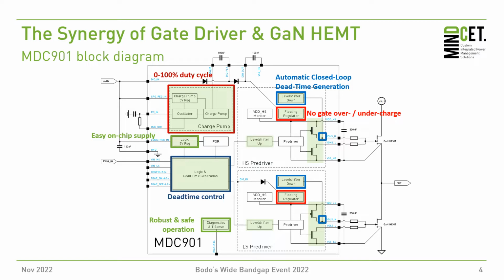But also the dead time control, which can be configured in many different ways, is important, and the matching between high side and low side. Another unique feature is the charge pump that can drive the high side into 100% duty cycle.